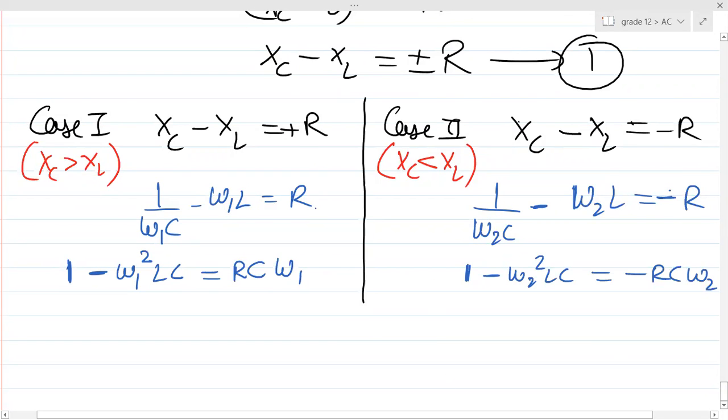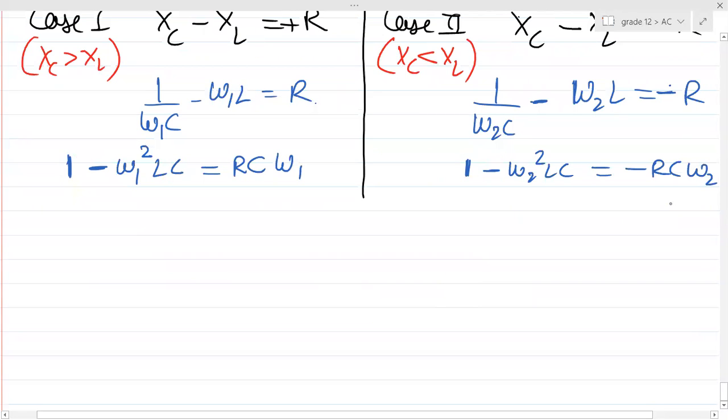Can you see, guys? I'm solving simultaneously so that it won't lead to any confusion. I can rearrange this equation as, I'll shift this to the right hand side.